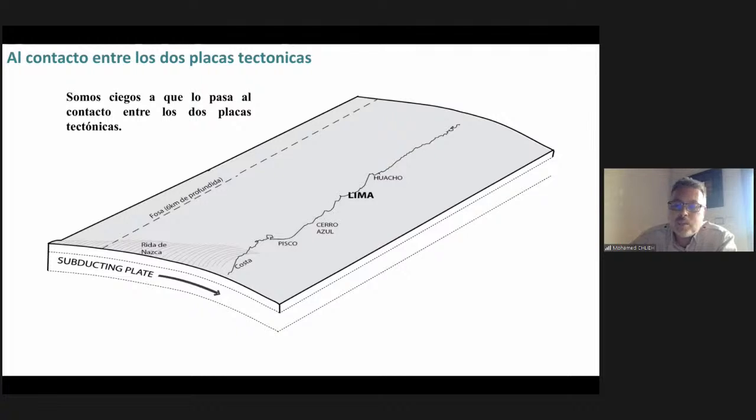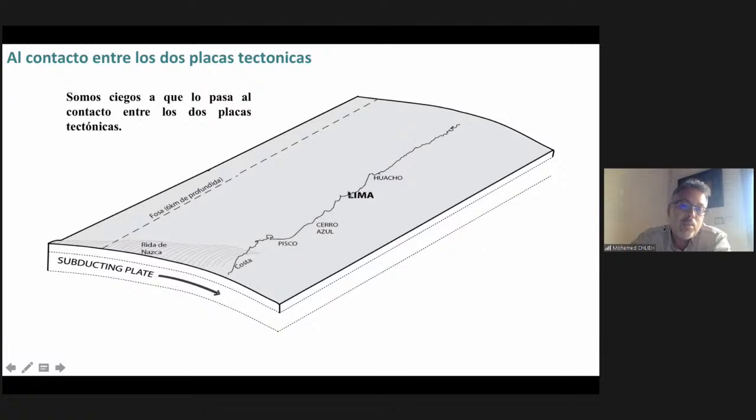I would like to show this first slide that you all know more or less, but this is the contact between the two plates that we see here. And I just reported at the surface the trench here and the coastline. So this is the Nazca Ridge in this region, about 500 kilometers long in this direction and 200 more or less.